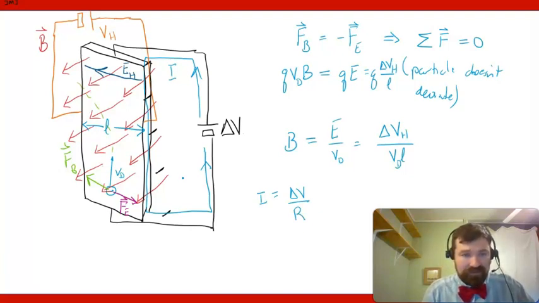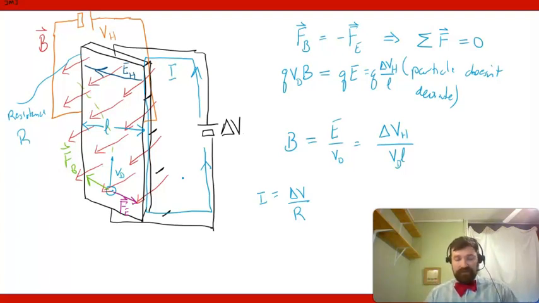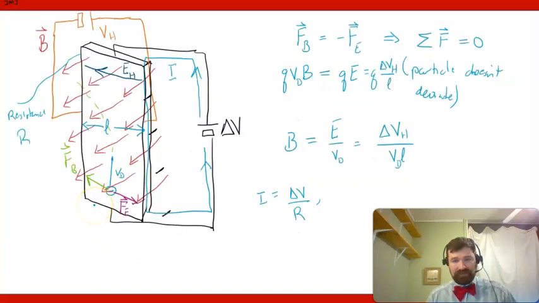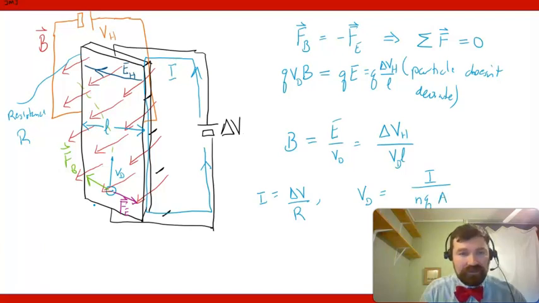So this whole thing basically has resistance R. In turn, the drift speed you can get by rearranging the equation for the microscopic view: the drift speed is equal to the current divided by the density of carriers times the charge times the cross-section area. The cross-section area in this case would be the cross-section of this end here.